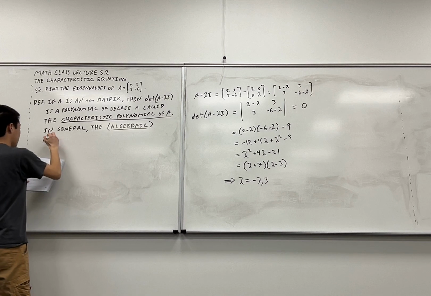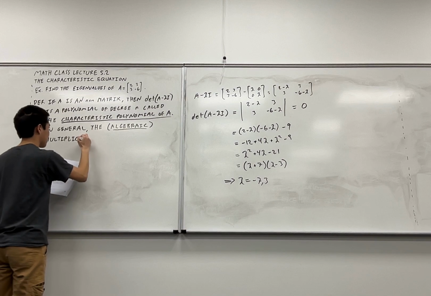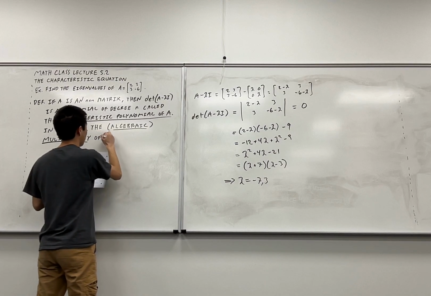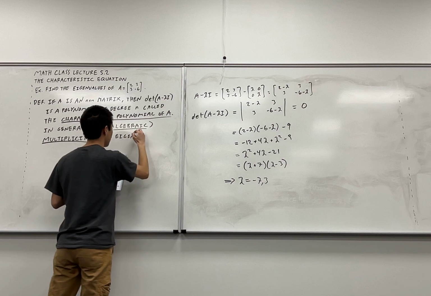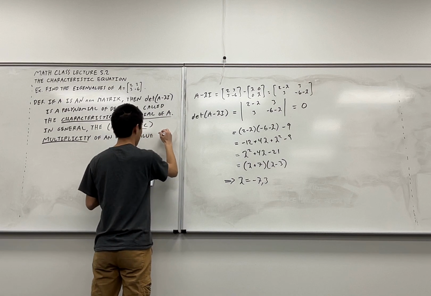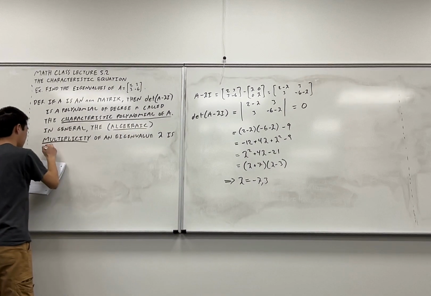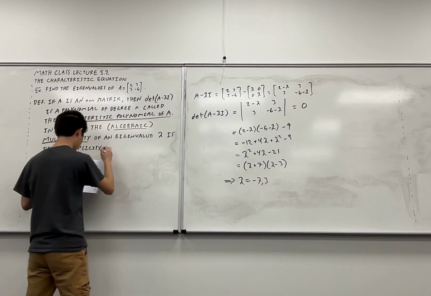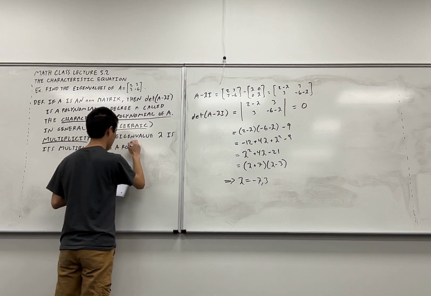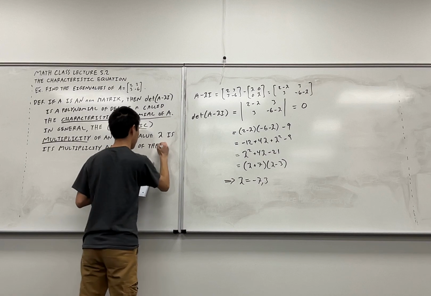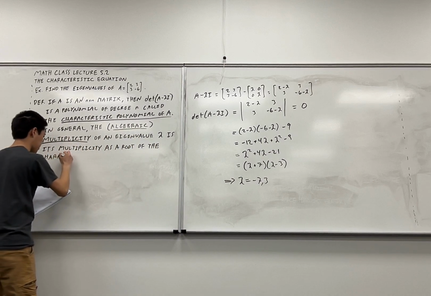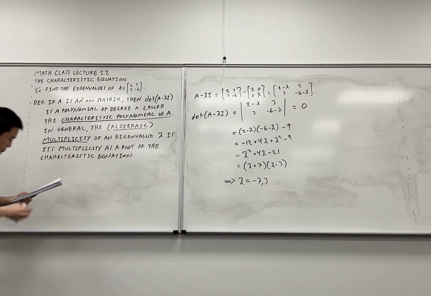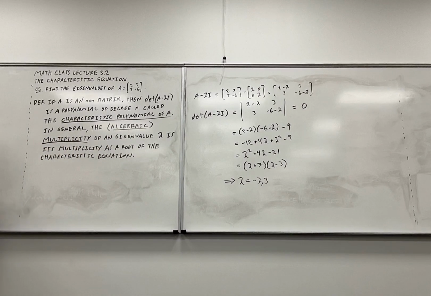The multiplicity, which is what we're defining, of an eigenvalue, say lambda, is its multiplicity as a root of the characteristic equation. Okay? Is this a circular definition?